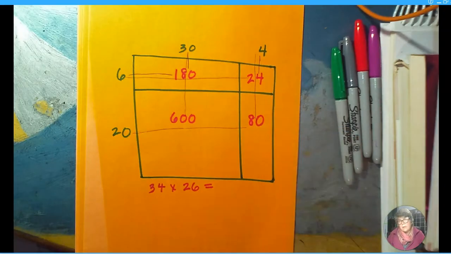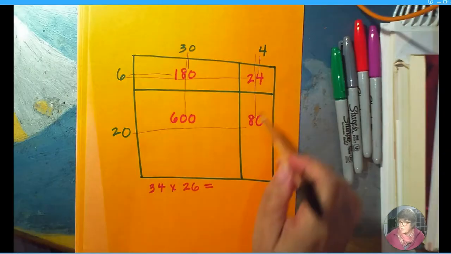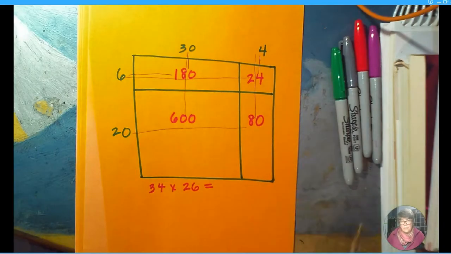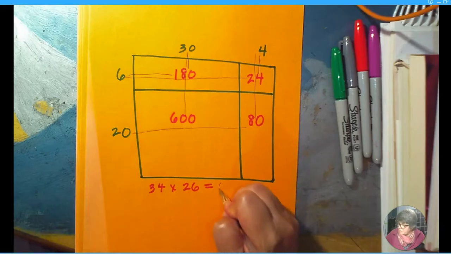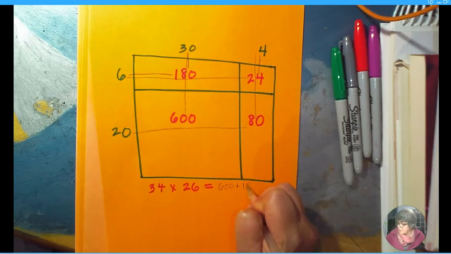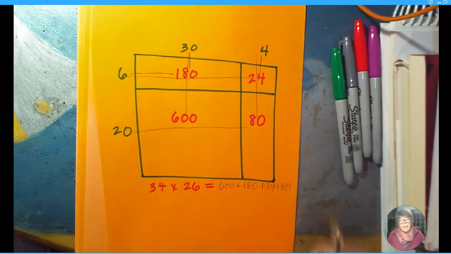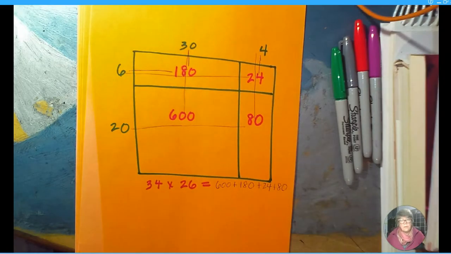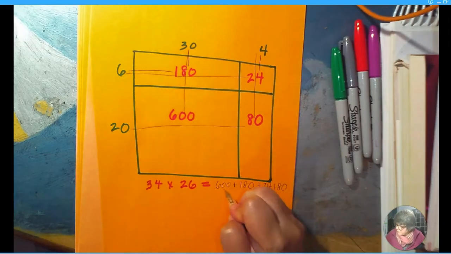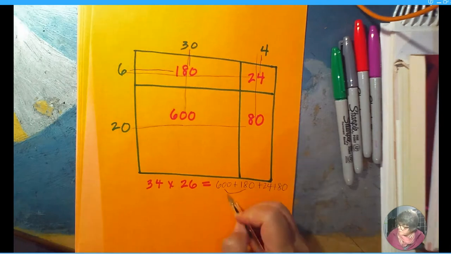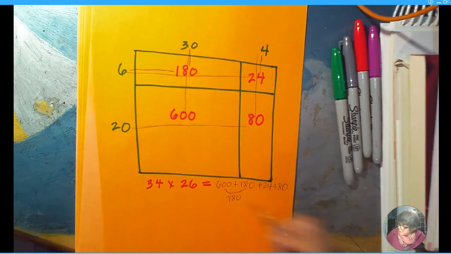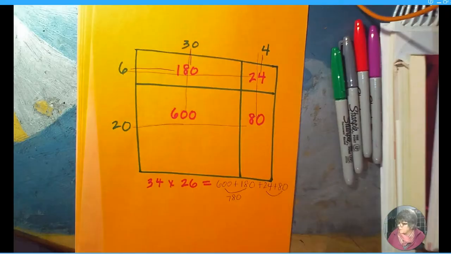So what is 34 times 26? It is these all added together, right? So it would be 600 plus 180 plus 24 plus 80. And there's a lot of different ways you could do that, right? You could make a list and add them together. You could use some mental math and say 600 plus 180 is 780. 24 plus 80 is 104.